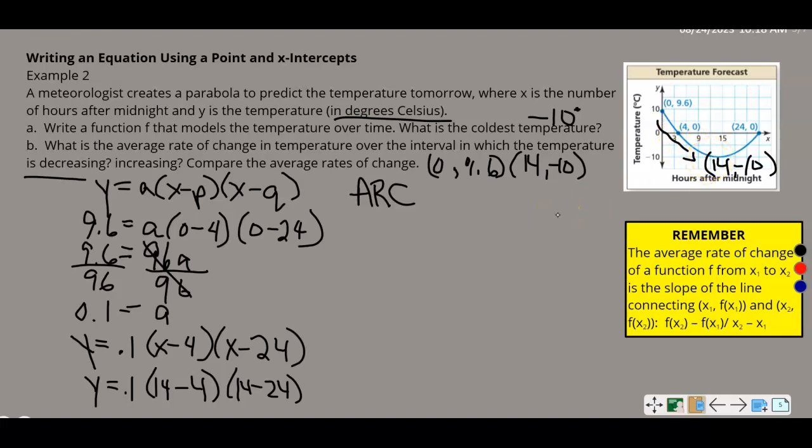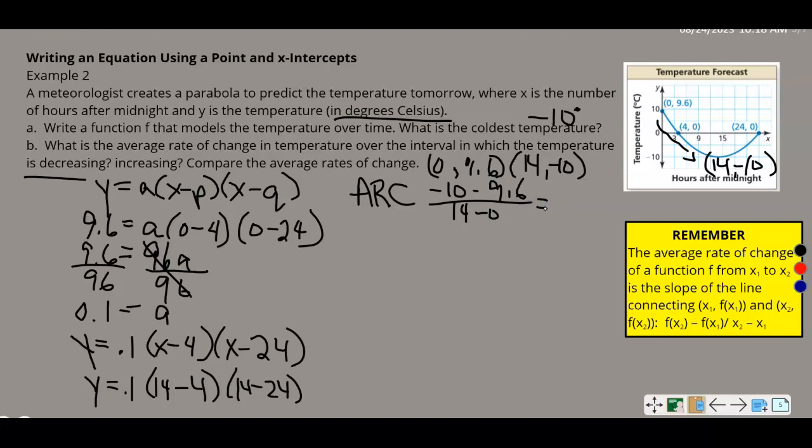All right, so what I need to do is, average rate of change is similar to the slope formula. So I'm going to do y minus y over x minus x. So I'm going to do -10 minus 9.6 over 14 minus 0.